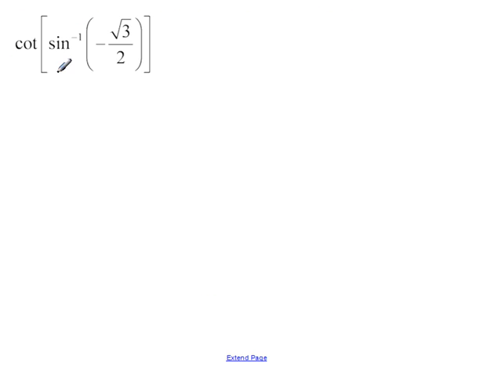Okay, let's try one of these here. So sine inverse of negative root 3 over 2. Sine inverse of a negative answer yields us an angle measure here. That's where the negatives go. Now, negative root 3 over 2, we know that's a pretty common triangle.